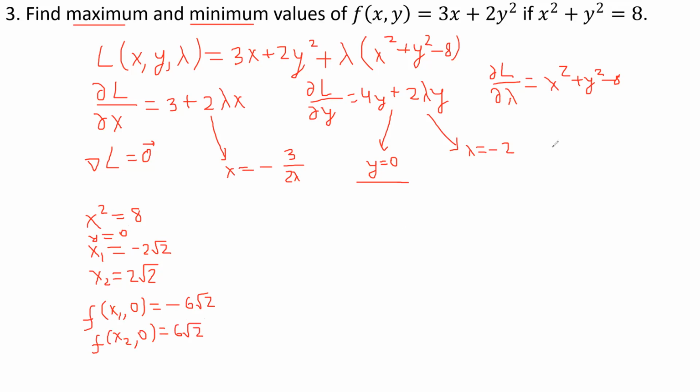So we have that. Now we will move to lambda equal to minus 2. We will input it into x and we will have x is 3/4. Now we input it into our condition of the circle and we have 9 over 16 plus y squared equals 8, and y will be plus or minus square root of 119 over 4.